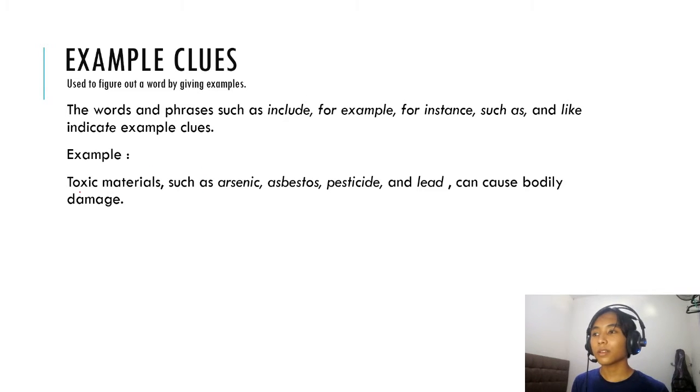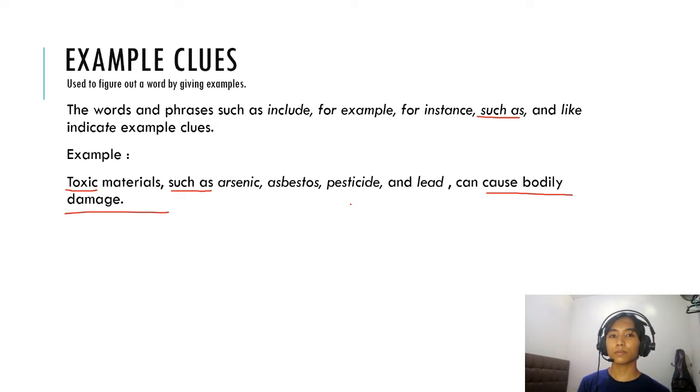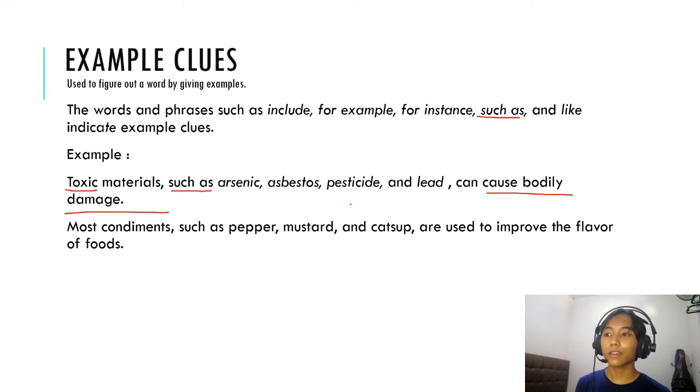So these are the unknown or unfamiliar words. This is the special word, such as, right? So toxic materials are arsenic, asbestos. So toxic means causing bodily damage. Do you understand? Okay, next.